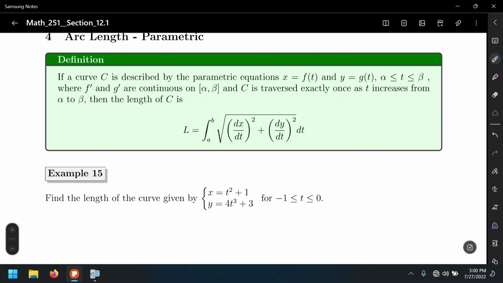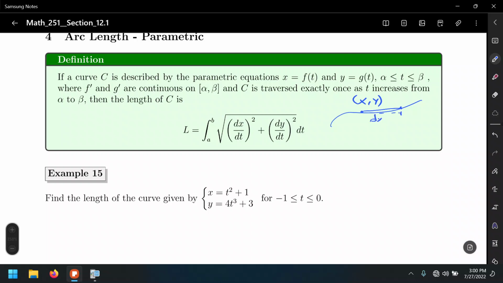I mean, even the derivation for this is a lot simpler than the one that we did at the beginning of the semester. Because you have a path like this with x, y at different values of t, and you want to find the distance, so this is like a triangle.